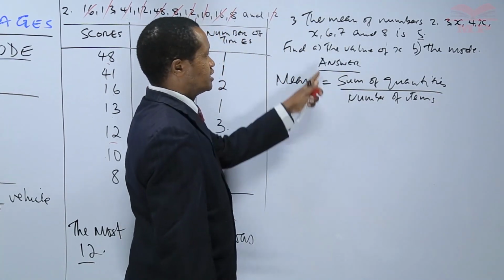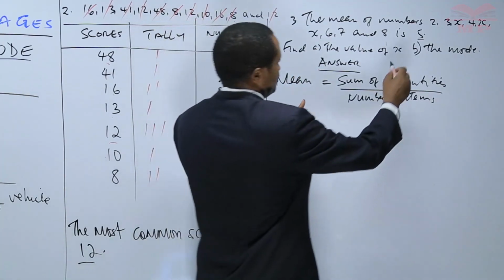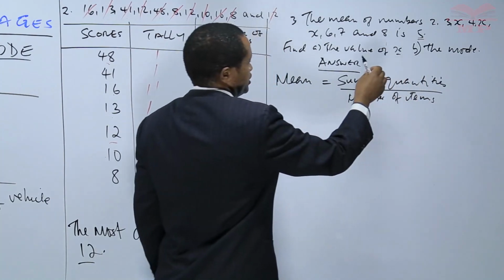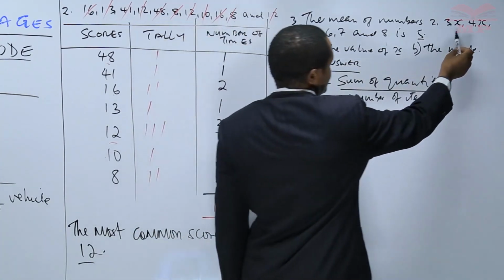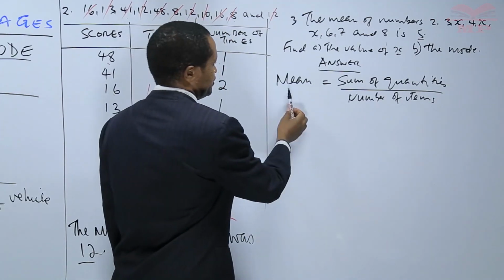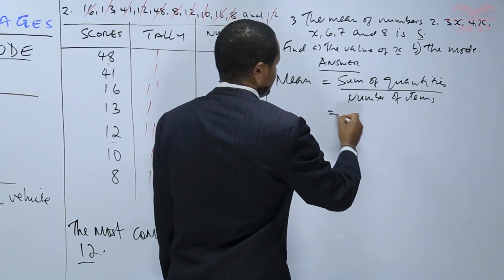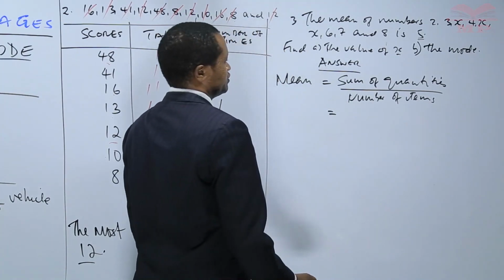Learners, part A, we are required to find the value of x. Within this data there is a value that is unknown, which is x, but we have the mean. This is the formula of the mean. So we'll come here and substitute the values in this formula.